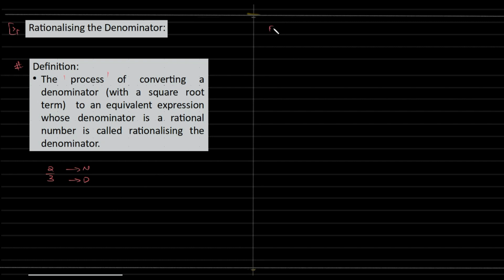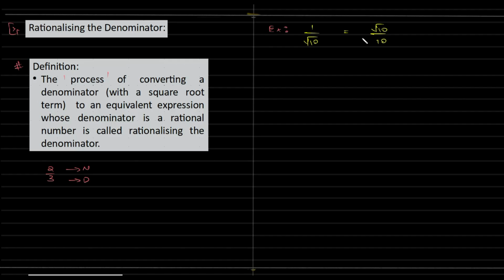So I'll put it with an example. That's the best way to learn anything, right? I have this particular expression with the root in the denominator. I can convert this to an expression like this, wherein there is no root in the denominator but in the numerator. This is rationalizing the denominator.